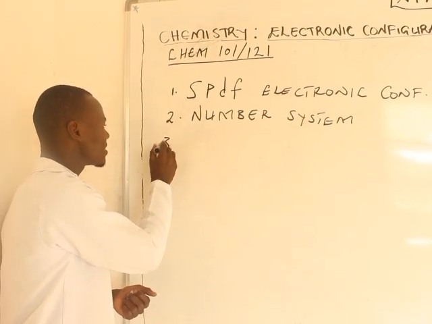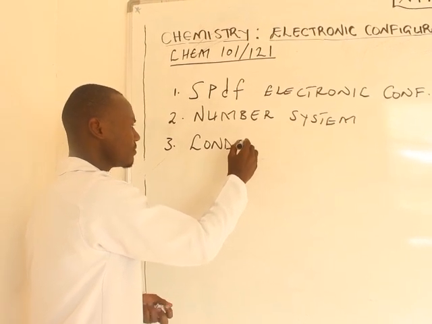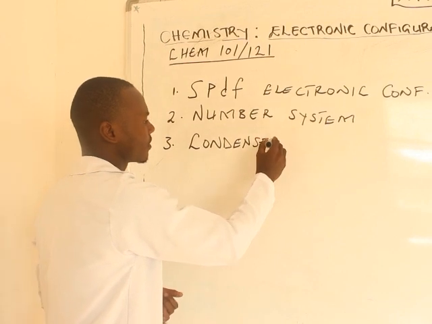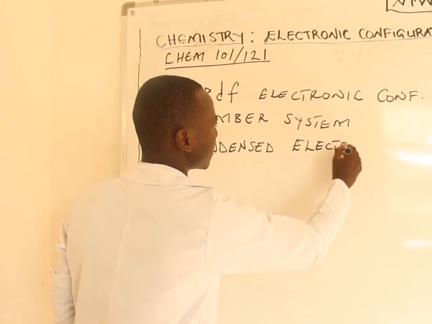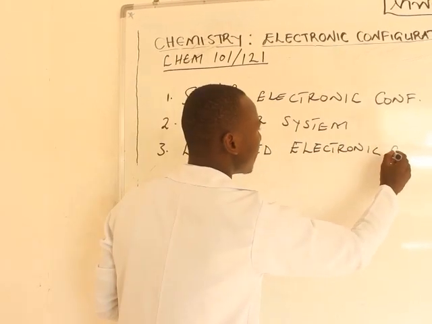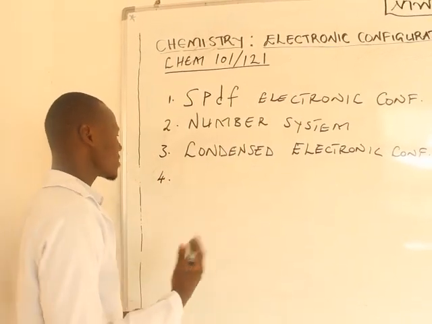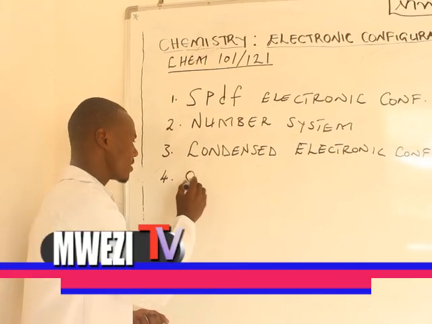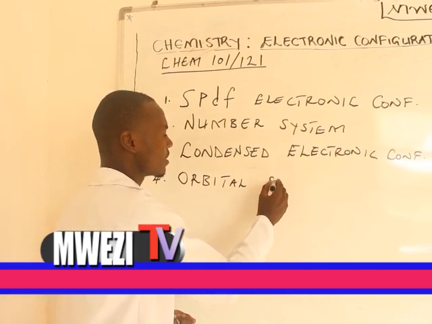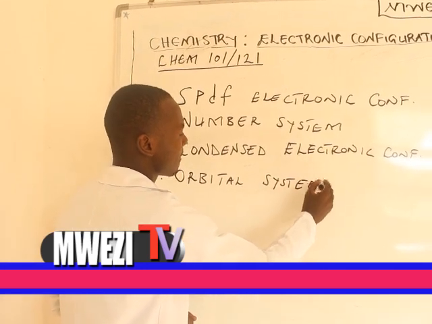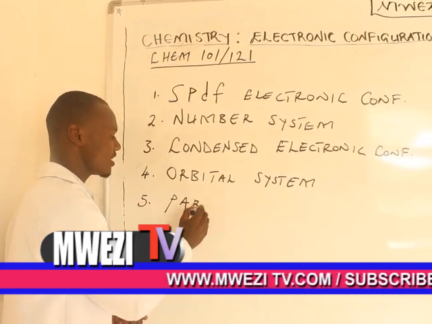The third one we have is the condensed system, or the condensed electronic configuration. The other one we have is the orbital system, or the orbital electronic configuration. Finally, we have what we call the partial orbital electronic configuration.